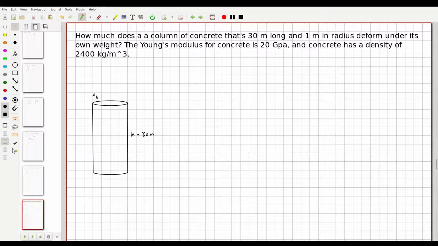It has a diameter, or technically, I guess, a radius here of 1 meter. It has a density, and we're going to use the Greek letter rho for density, of 2,400 kilograms per cubic meter. And the Young's modulus for concrete is 20 gigapascals.